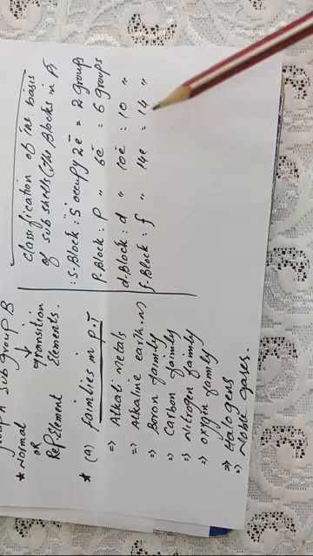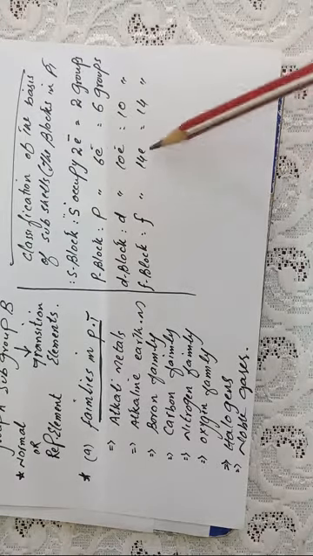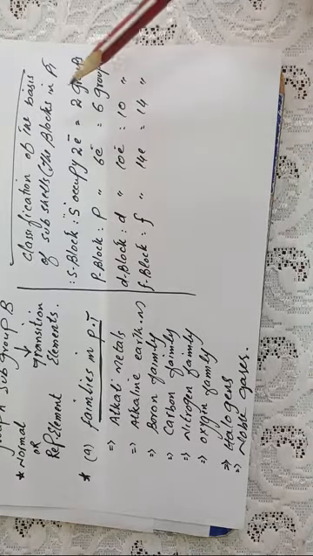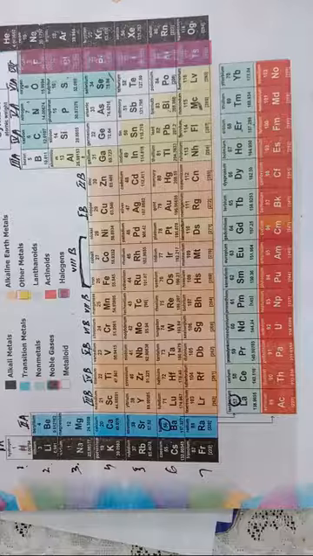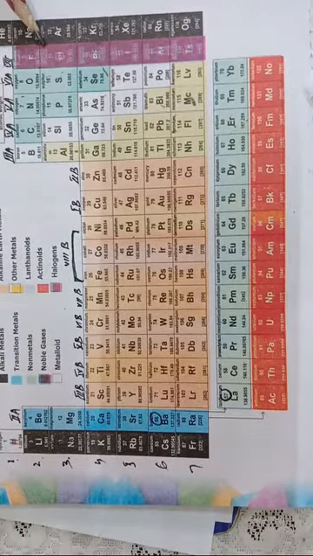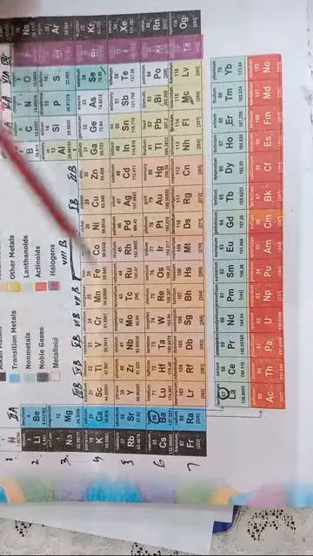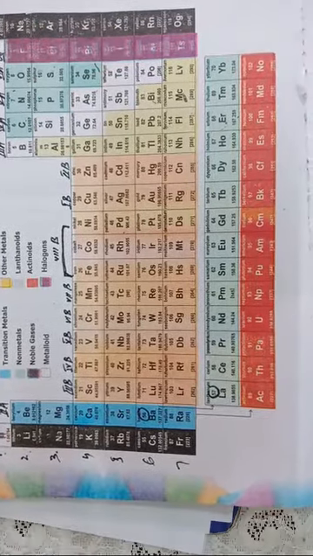Similarly, the f subshell occupies a maximum of 14 electrons, and they have 14 groups in the periodic table. Look at this: these 2 are s block, these are p block, from 1 to 10 is d block, and from 1 to 14 is f block.